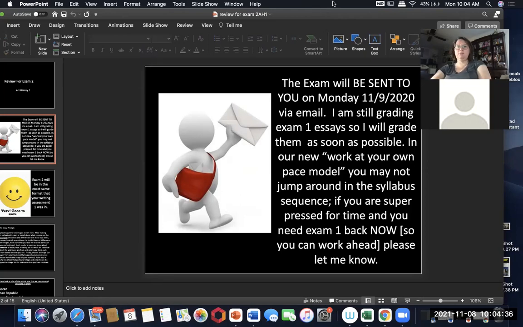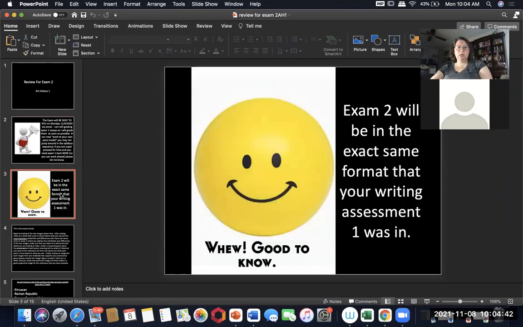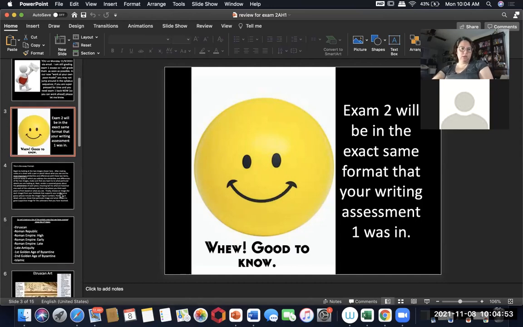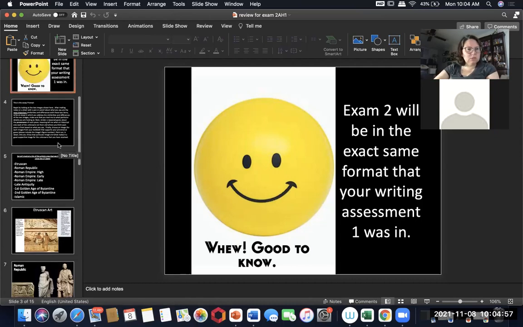Yeah, this slide right here, I'm going to change altogether. So kind of just ignore that information until I get that done. Exam 2 is in the exact same format that your last exam was in. So it's got 2 parts. And you know what? Give me just 1 second.